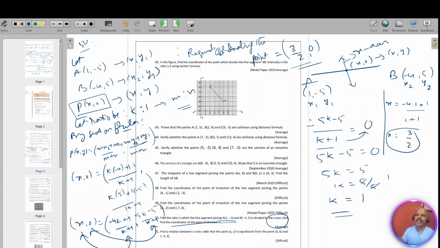The same question can be asked with division by the y-axis. Take it as homework and practice yourself for thorough understanding. If the same line segment AB is divided by the y-axis, what is the form of the point? If it's the y-axis, the point will be of the form 0 comma y.